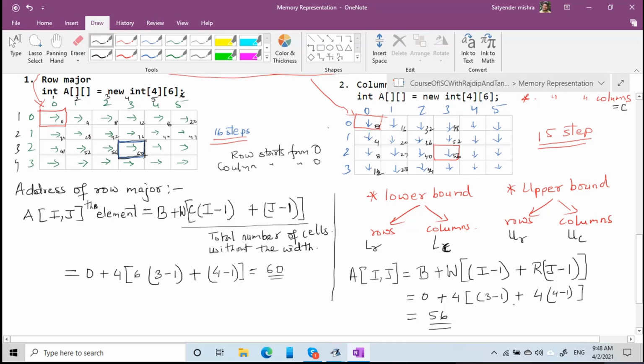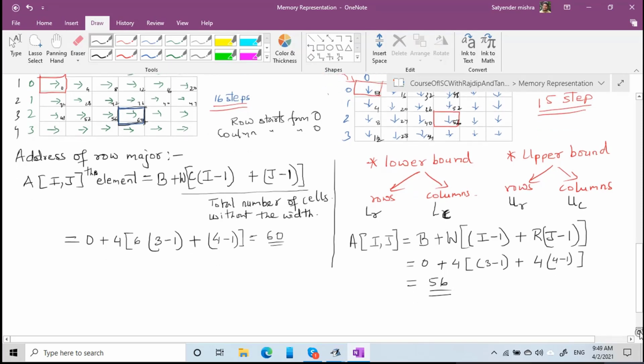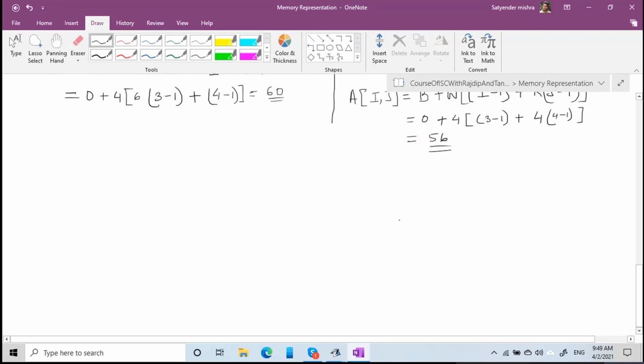This is how row major and column major are defined, and this formula is based on a few languages like C, C++, Java. But in general terms, the lower bound can be anything.